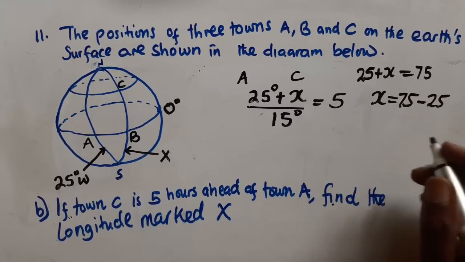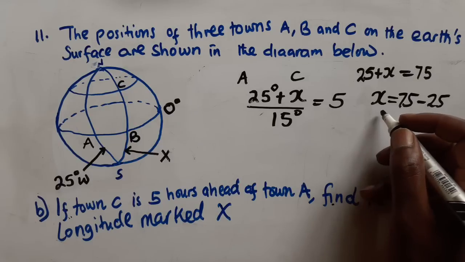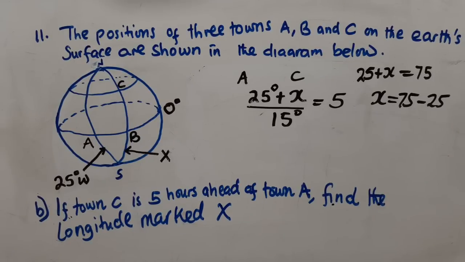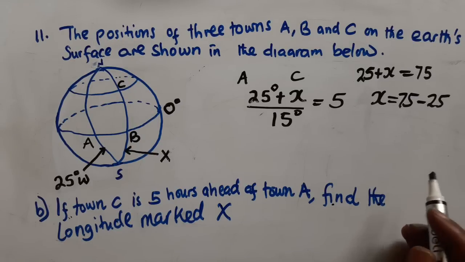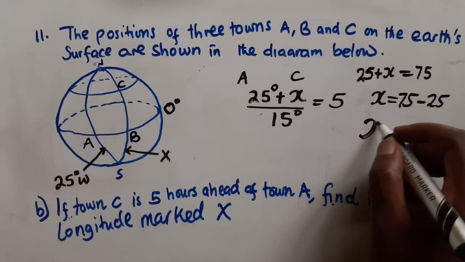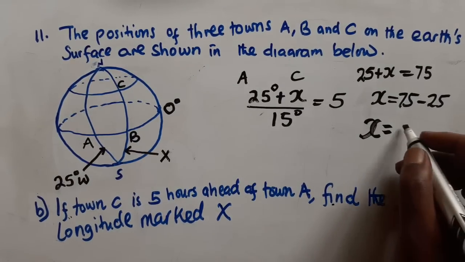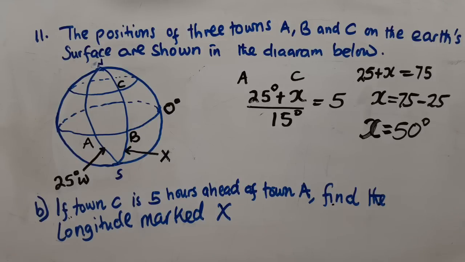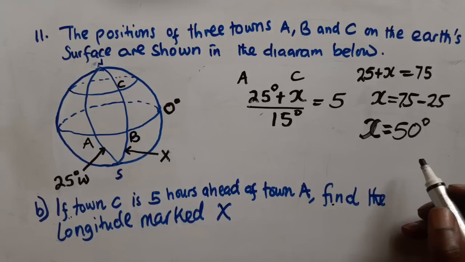What are you going to get? So x is equal to 50 degrees. X is equal to 50 degrees. This is what is going to be our answer.